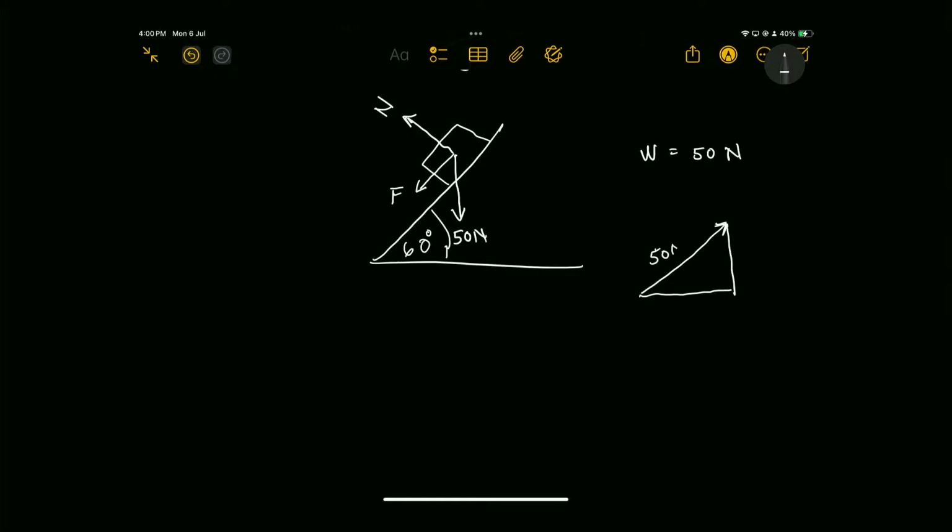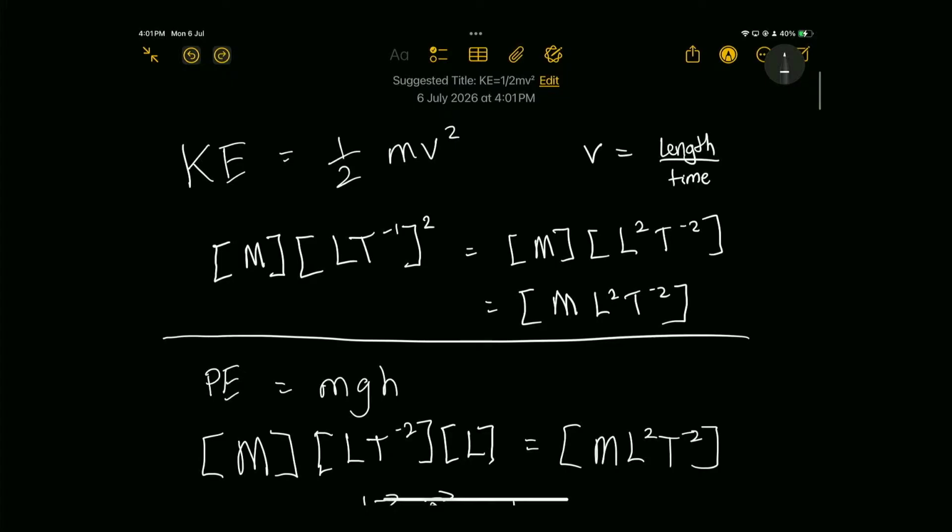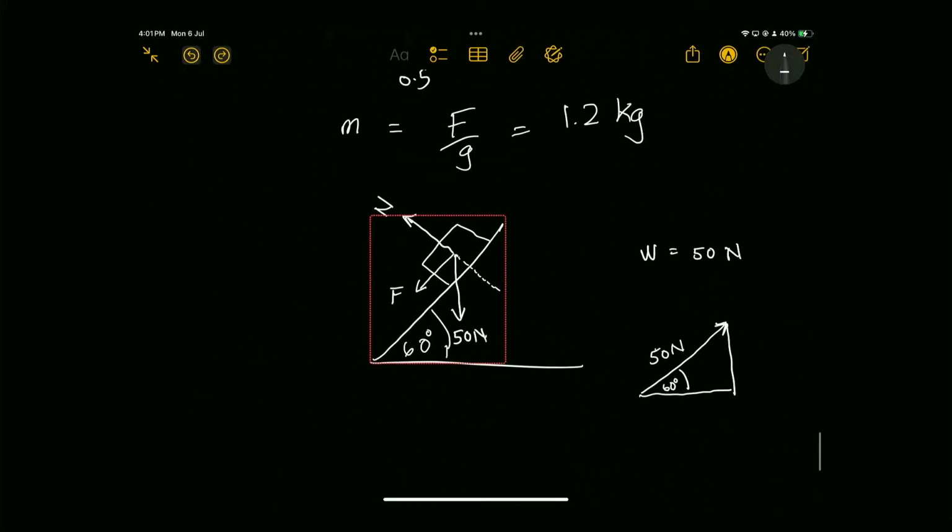So this is 50 newtons, this is 60 degrees, the opposite is equal to the... right, so this is a right angle here.